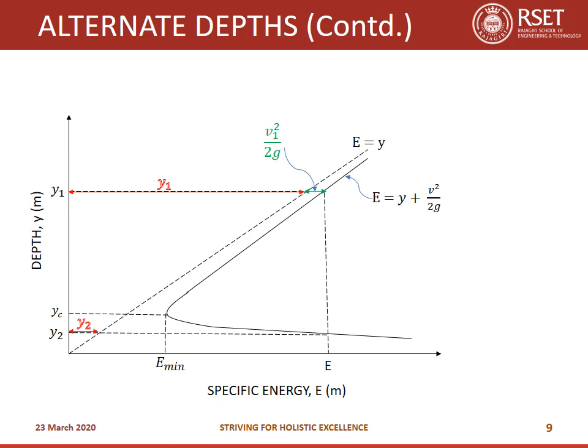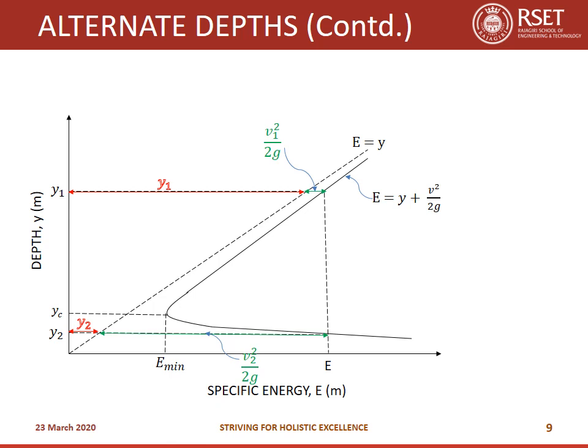The remaining horizontal distance up to the point on the specific energy curve should give me V2 squared by 2G. So you can see that for Y2, which is lesser, V2 squared by 2G is greater. Whereas for depth Y1, which is the greater value, V1 squared by 2G is a small value.